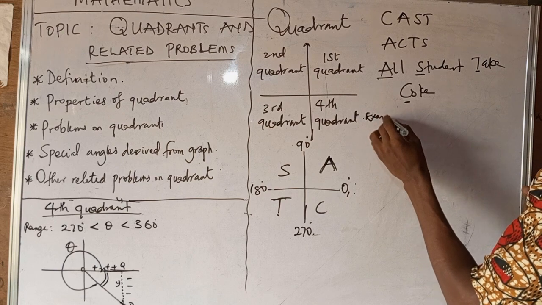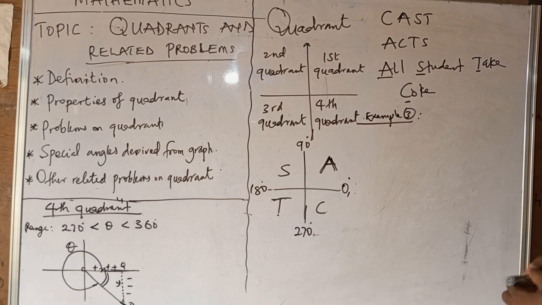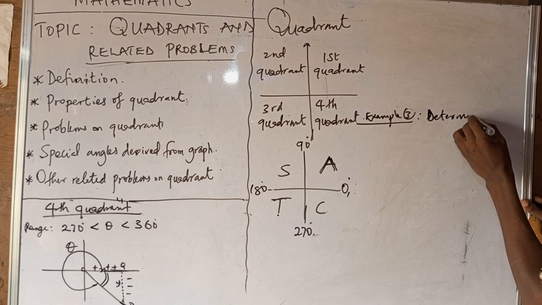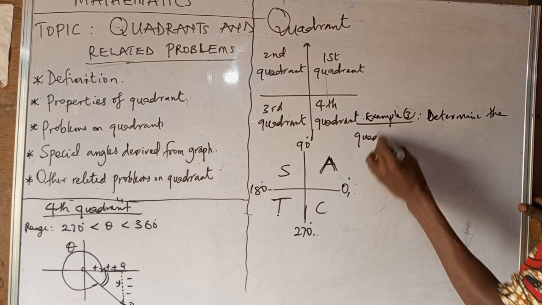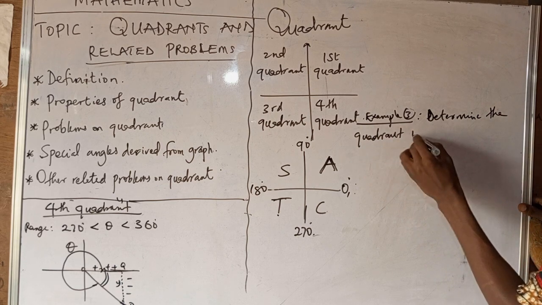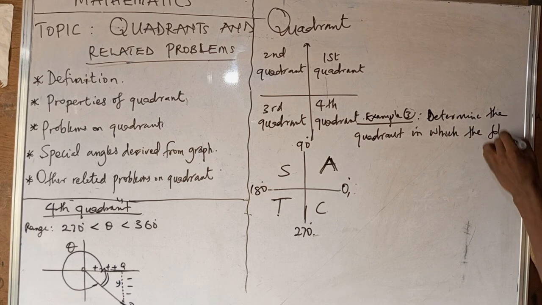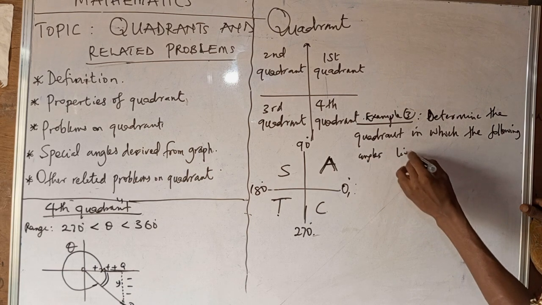Example 3. Determine the quadrants in which the following angles lie.